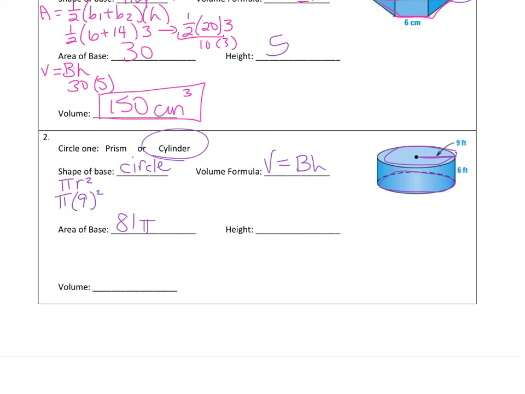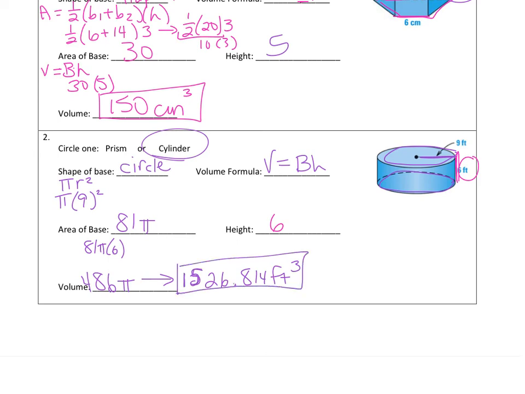For the height, remember the height is always the distance between our two different bases. So that would be our 6. Now if we multiply those together, we're taking 81 pi times 6, and we get 486 pi, or if we round that so it's not exact, we would get 1526.814, and that would be feet cubed again since we have volume.